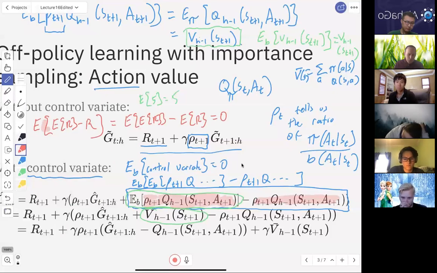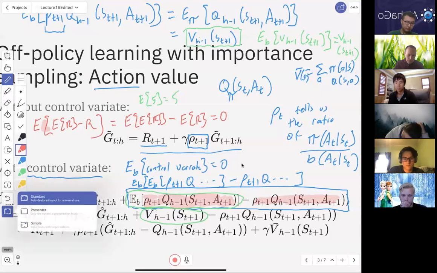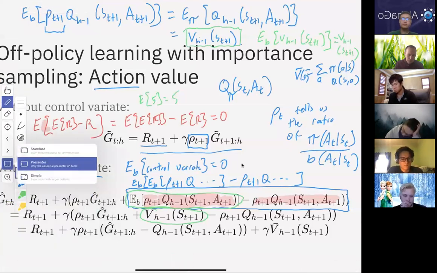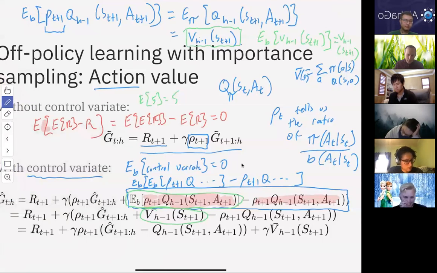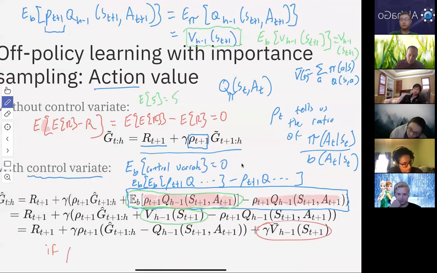All right, and all we have done on the last line is basically rearrange some of the terms. So if we look at this case and see what happens if rho_{t+1} equals 0, then we lose this term.